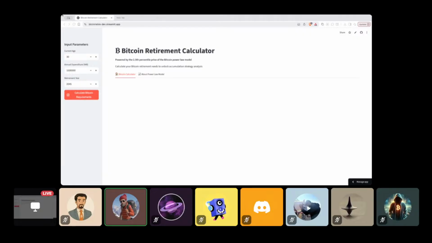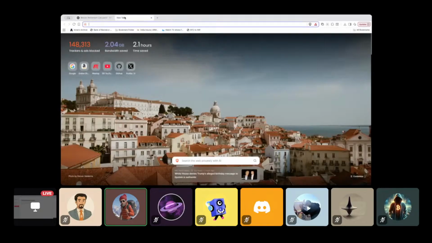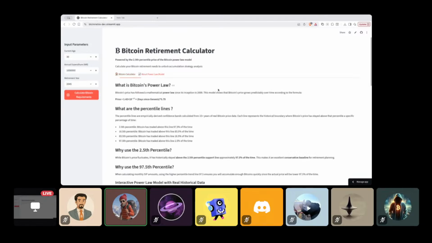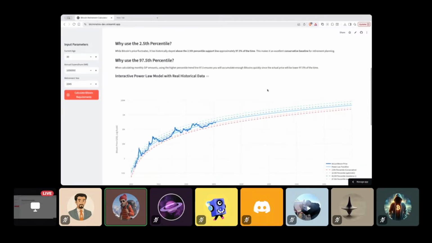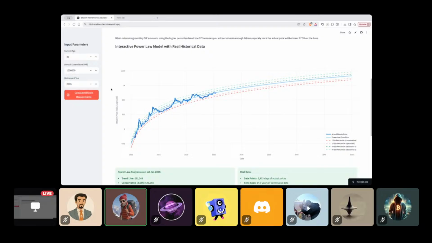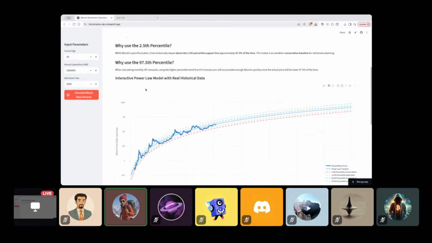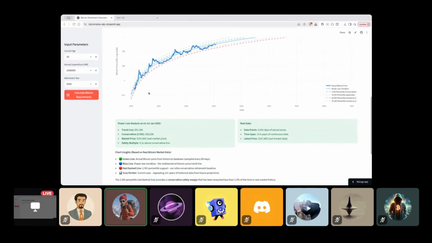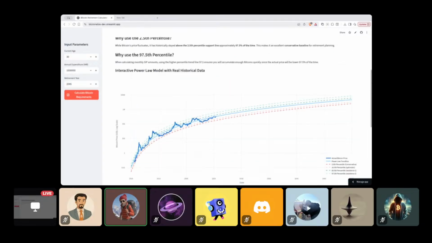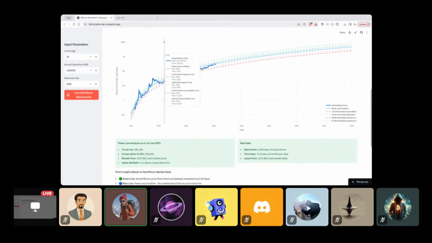And I'll show a basic walkthrough of how this thing works. I think most of you would have seen what the power law is, so I'll try to keep it short. If you have any specific questions, feel free to ask, because most of the participants here know about the power law.